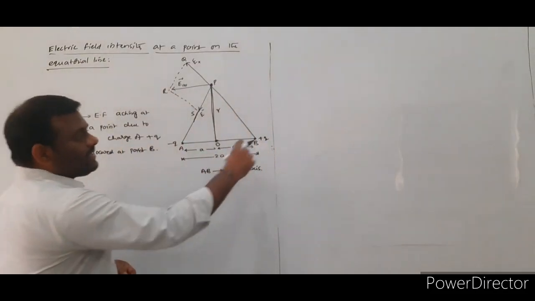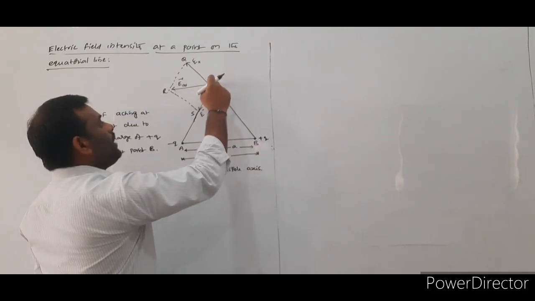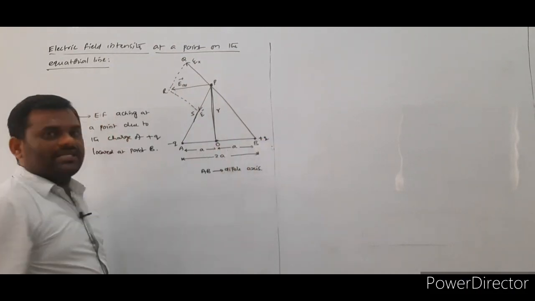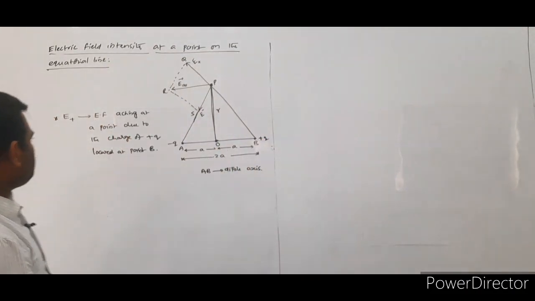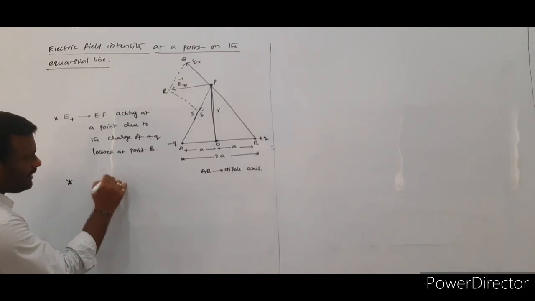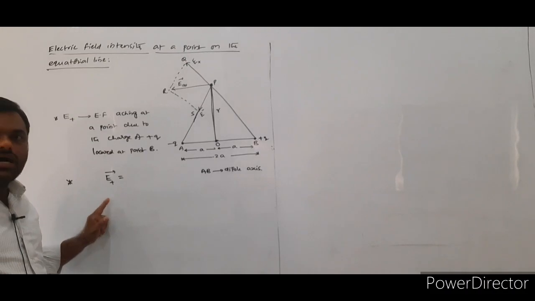So here we consider the positive charge plus q, so that whatever the field is acting at the point P, that is acting away from the positive charge. So the intensity of the electric field at the point P will be given by E plus bar, that is a vector notation.